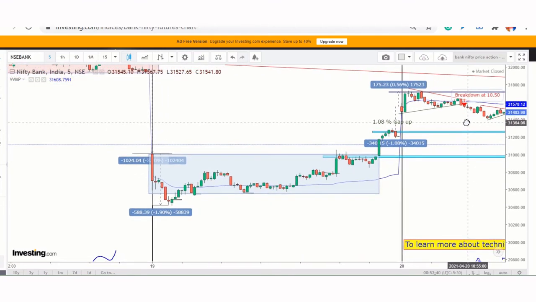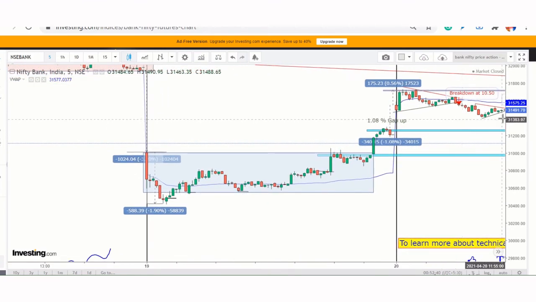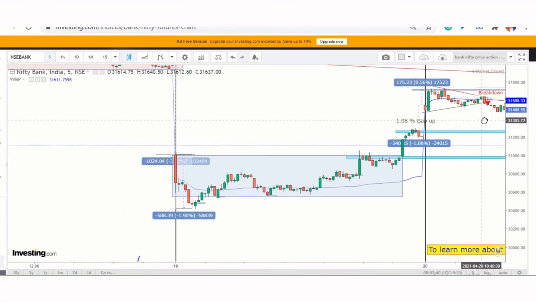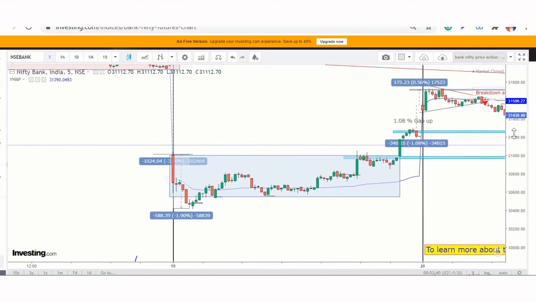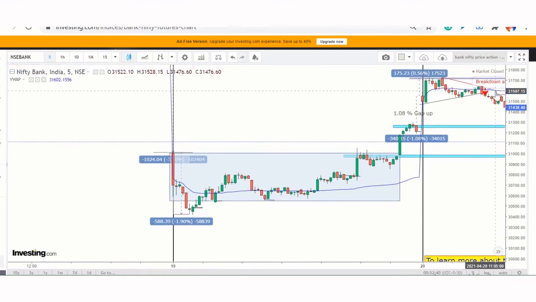Okay, here again we can see that the price is moving in a sideways channel, so we can sell if it breaks down from this trend line, and we can buy if it breaks out from this channel. Okay, and from this point onwards, we can see the VWAP indicator is higher than the price.